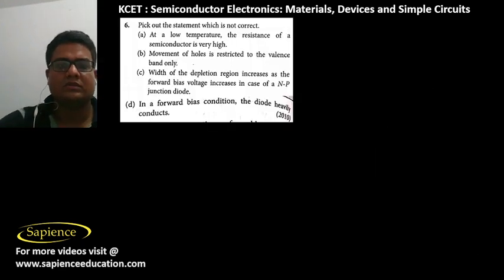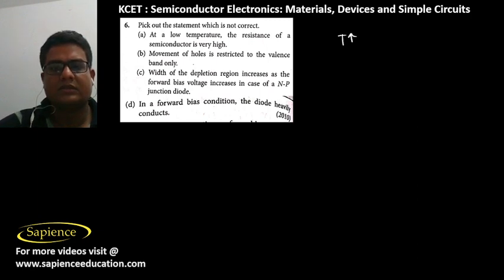Then question number 6 says, pick out the statement which is not correct. At a low temperature, the resistance of a semiconductor is high, and as temperature increases, the resistance of a semiconductor decreases. Movement of holes is restricted to the valence band only. Width of the depletion region increases as the forward bias voltage increases.